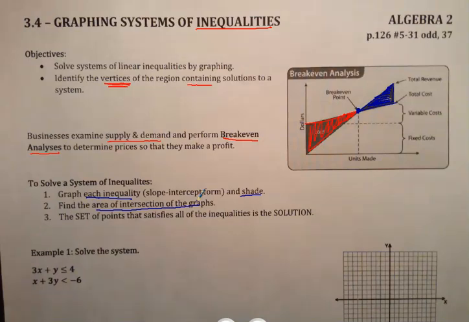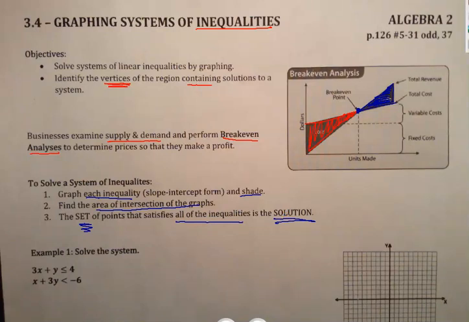Colored pencils are great, or a pencil, a blue pen and a red pen, whatever, a couple of different colors to make it easier. Third, the set of points that satisfies all of the inequalities is the solution. But again, it's not just one point, it's the set of them, the set of intersections.